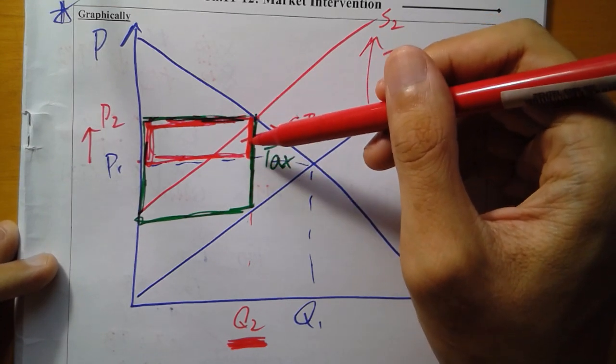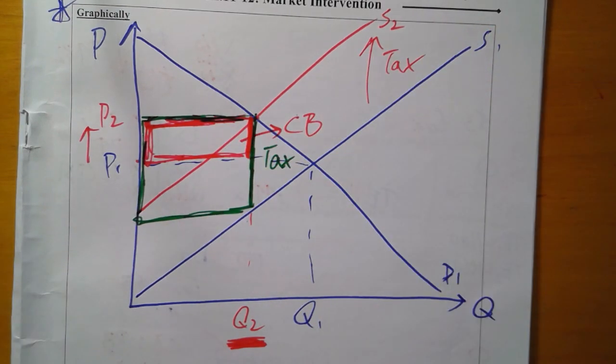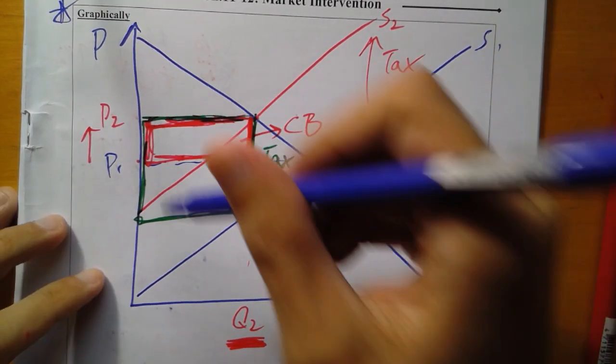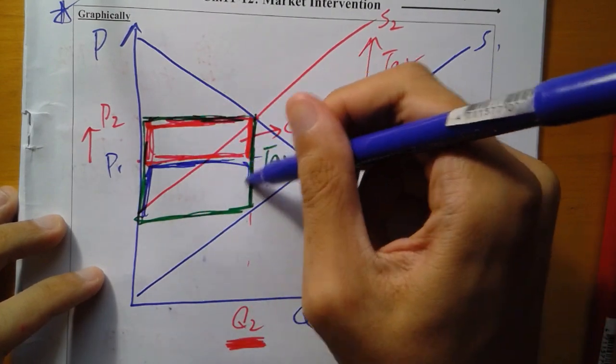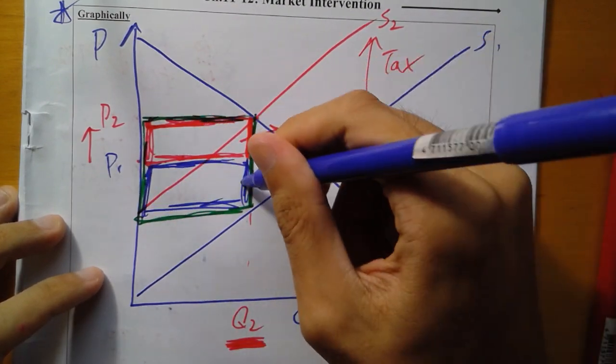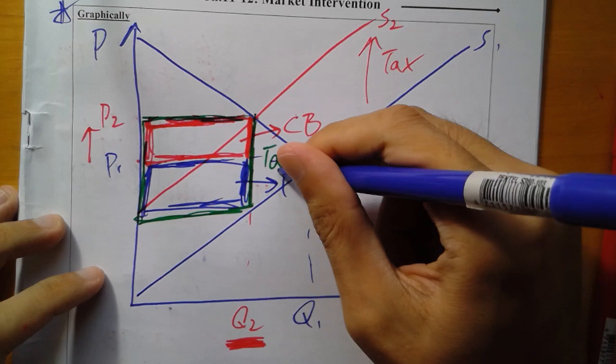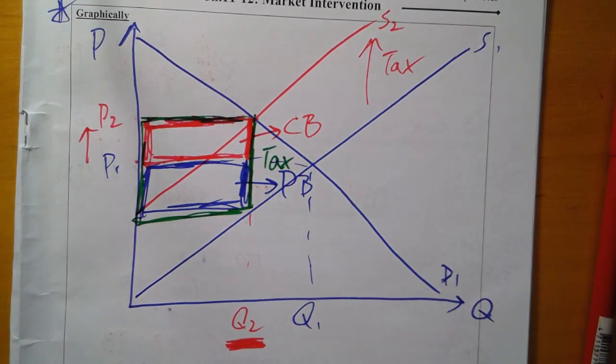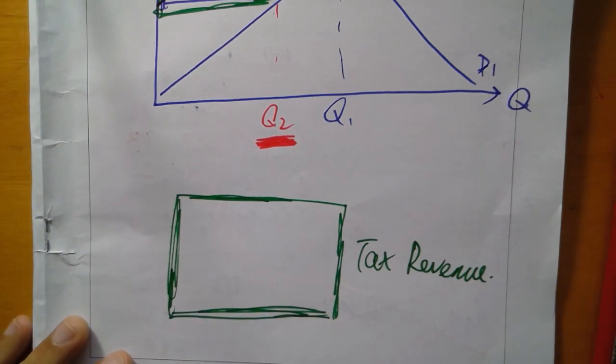Each unit suffers this much, selling this many units. The rest of the tax will be suffered by the producer. We call it producer tax burden. Now, I draw it out here.